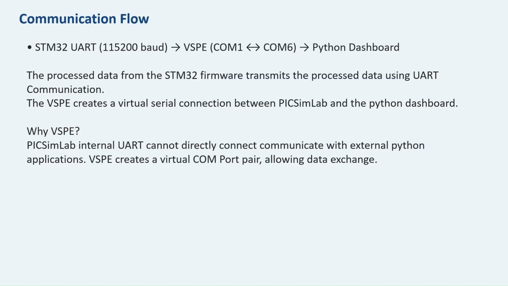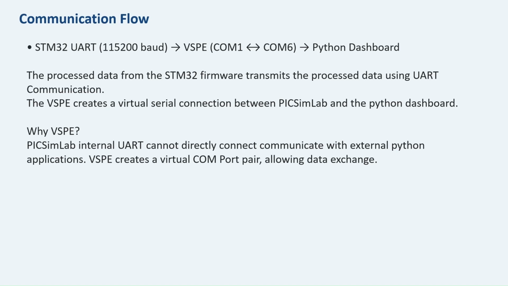Then this is about the communication: the STM32 sends data through the UART at 115200 baud. Then the VSP creates a virtual serial connection between PicsimLab and the Python dashboard. The Python application continuously receives data and updates the dashboard in real time.